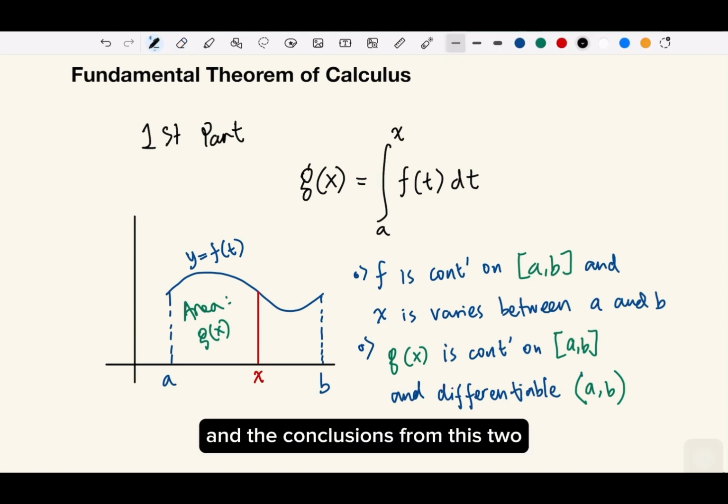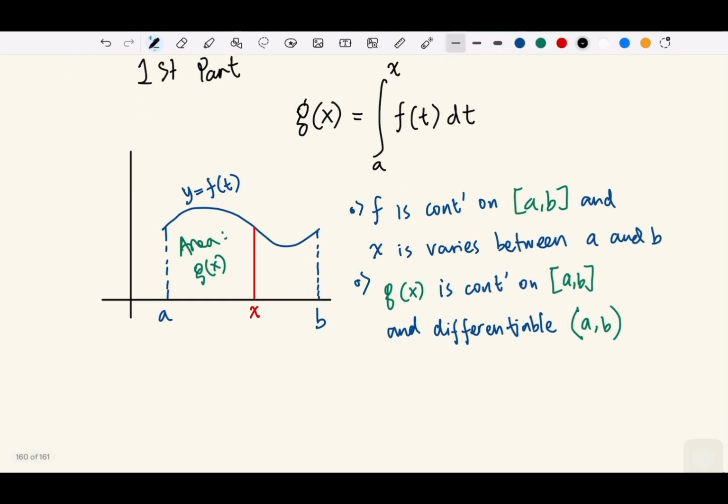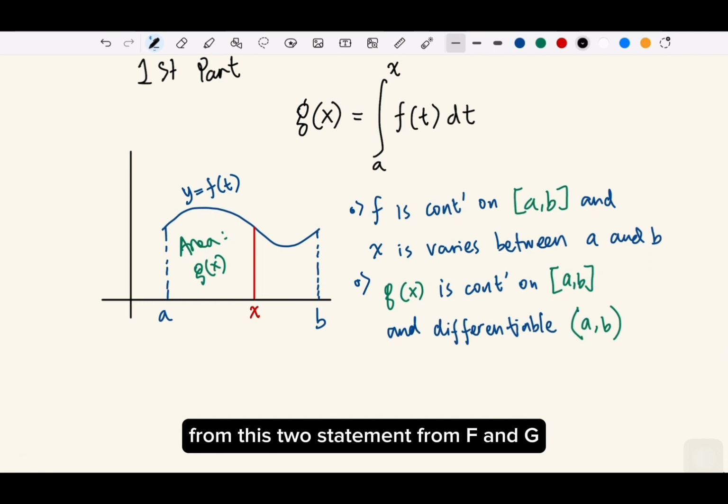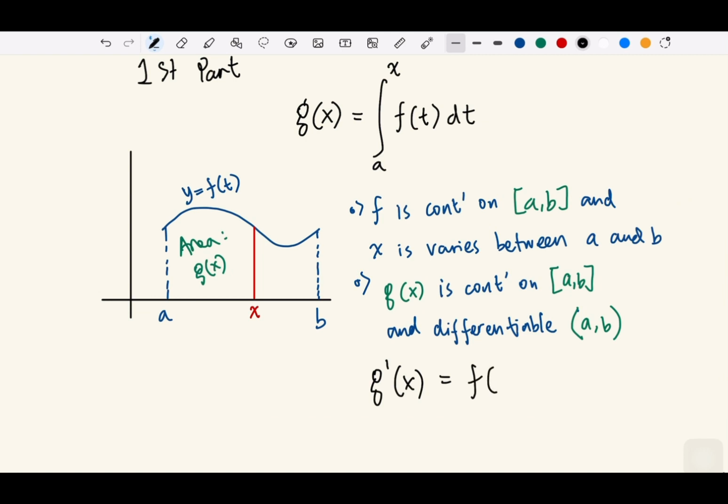And the conclusions from these two statements, from f and g, from that formula on the first part, we can write g prime x is equal f of x.